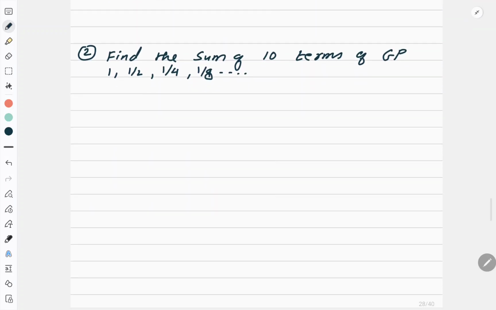Now look at this question. Find the sum of 10 terms. So again, N is equal to 10, A is equal to 1 and R is equal to 1 by 4 by 1 by 2, which is equal to 1 by 2. Apply the formula.